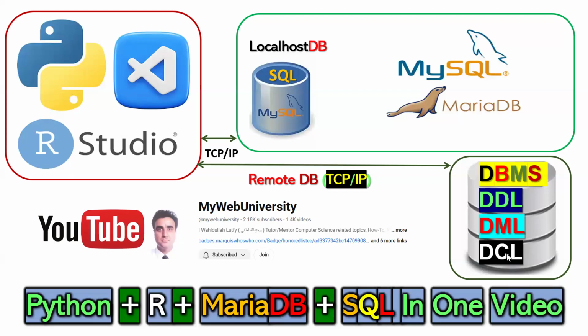Data control language is the grant and revoke statements, which grant privileges to a given user. Normally the data dictionary, which is the system tables, holds the entire database metadata, kind of like the information schema on MySQL; on Oracle it's called the data dictionary.